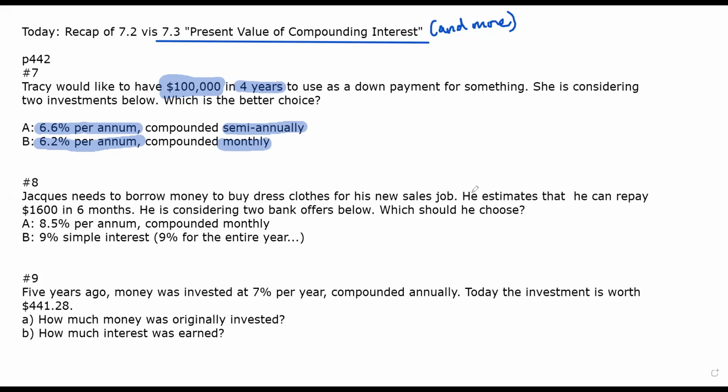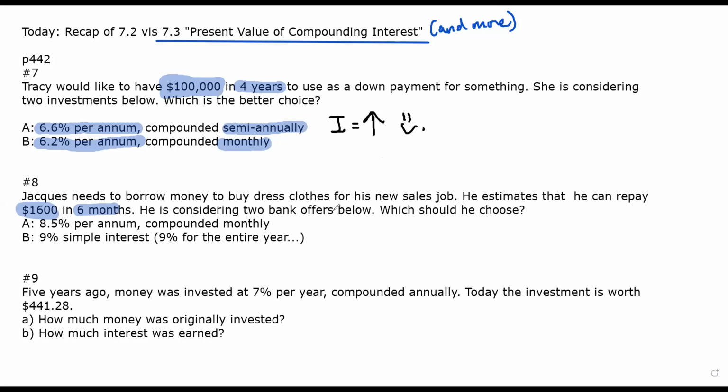So here it is. He estimates that he can repay $1,600 in 6 months. He considers two bank offers. Which should he choose? Now consider, this one's a little different than the one we had before. In the other one, we're like, yay, I want the interest to be high, because the interest goes into my pocket.